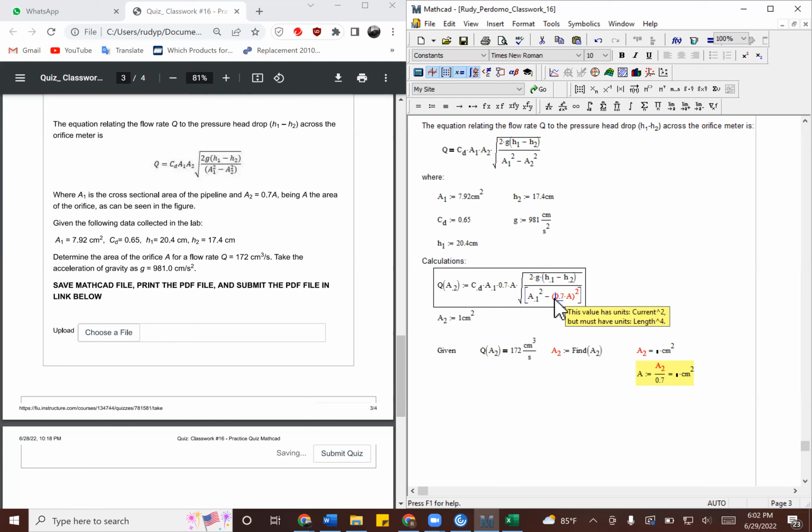Hold up. This value has units, current. All right.